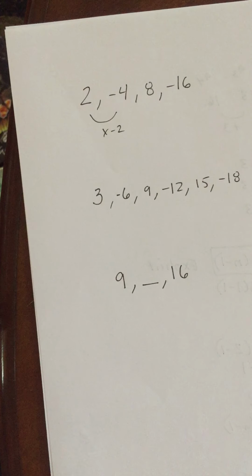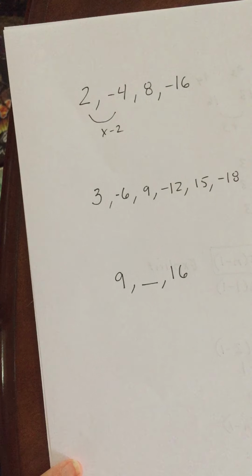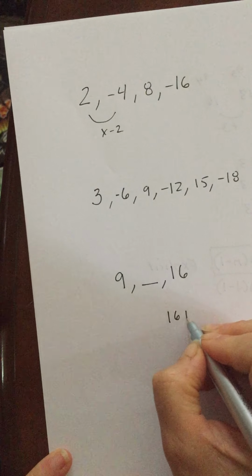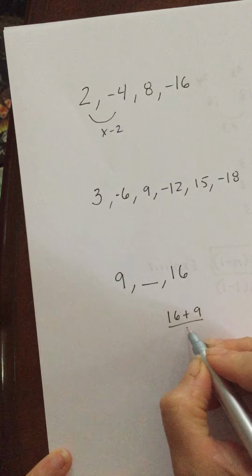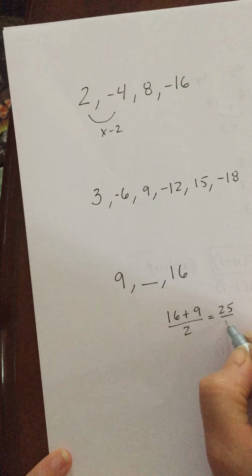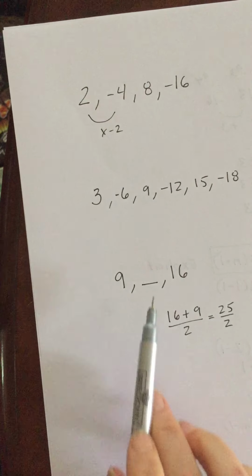It turns out that the arithmetic mean, maybe you've heard that term before, which is just the average that you've always calculated, is going to fill in what that would be for an arithmetic sequence. So the arithmetic mean is given by, I just averaged the two things. So what is that going to be? That's going to be 25 halves for that thing in the middle there.